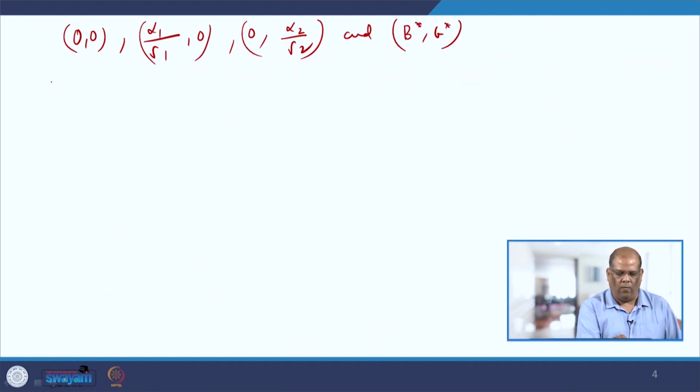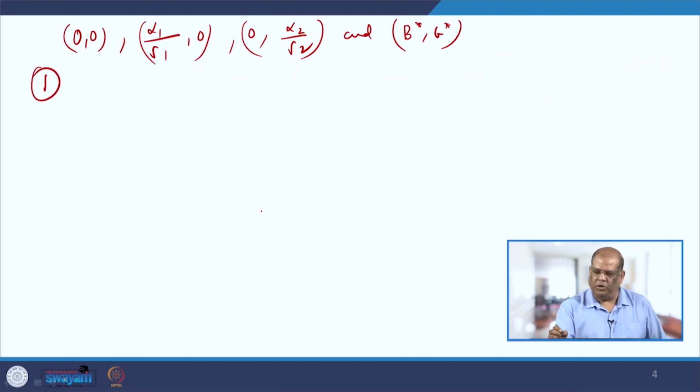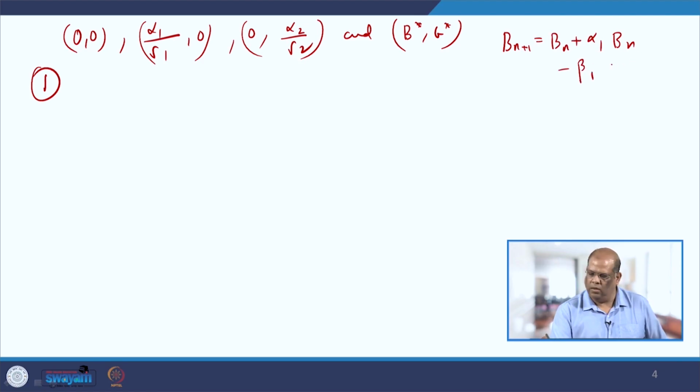Now, your equation was in the form Bn plus 1 equal to Bn plus alpha 1 Bn minus beta 1 Bn Gn minus gamma 1 Bn square. So, you take this function as f1, which is b plus alpha 1 b minus beta 1 bg minus gamma 1 b square.